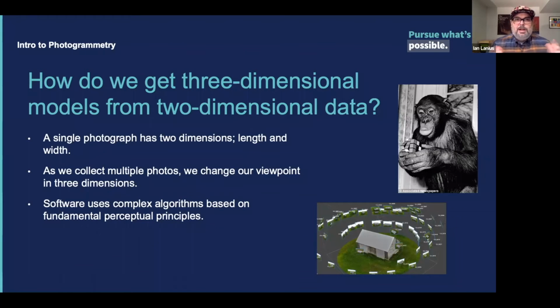If you put a dog in a room, they will look around. If you put a human in a house that they want to buy, they're basically going to collect the same type of data with their eyes that you would with a drone if you wanted to build a model of it. It's really foundational principles of perception that are being put to work through software. Go ahead to the next slide.